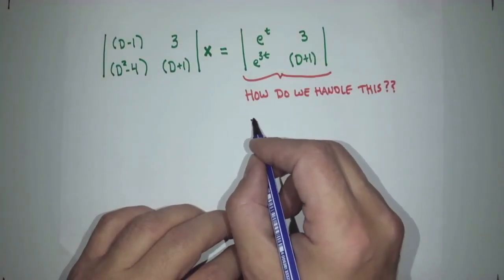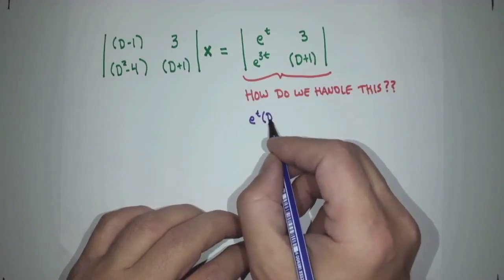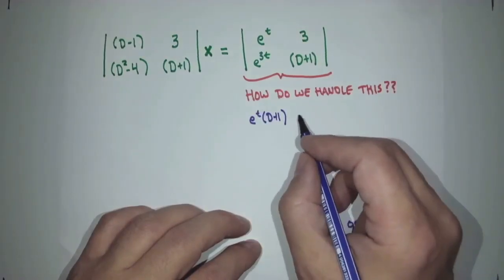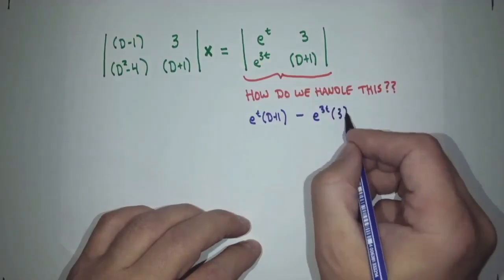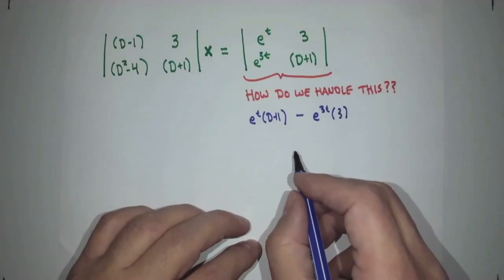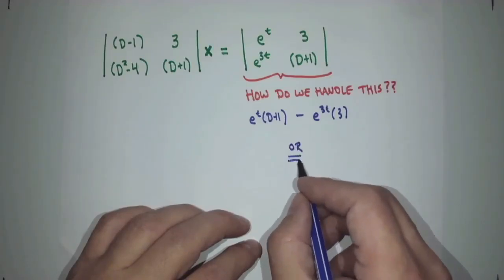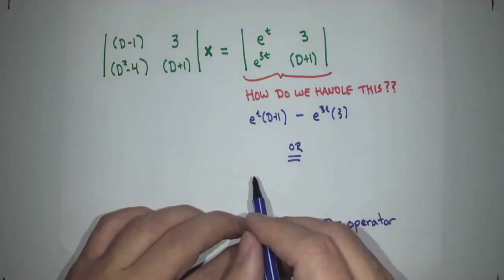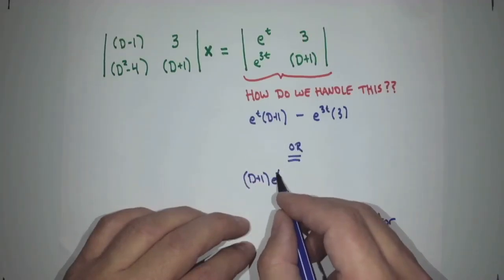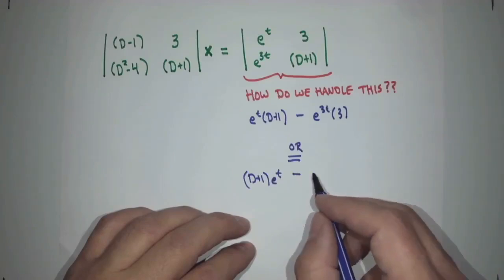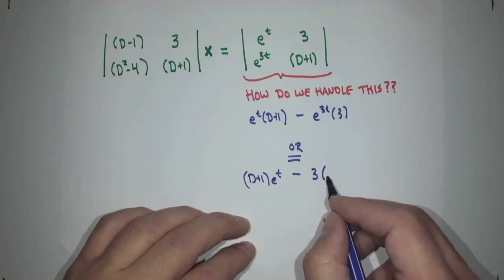It could be e to the t times D plus 1, and subtract e to the 3t times 3. Or maybe it should be D plus 1 times e to the t. Then we subtract 3 times e to the 3t.